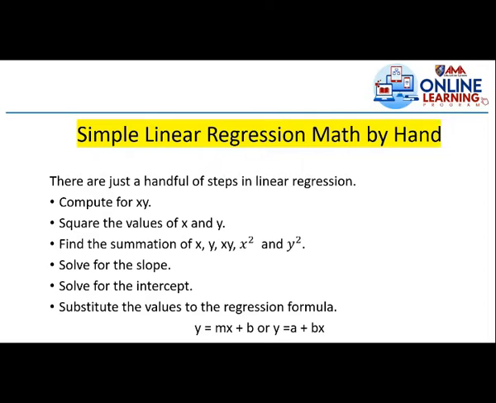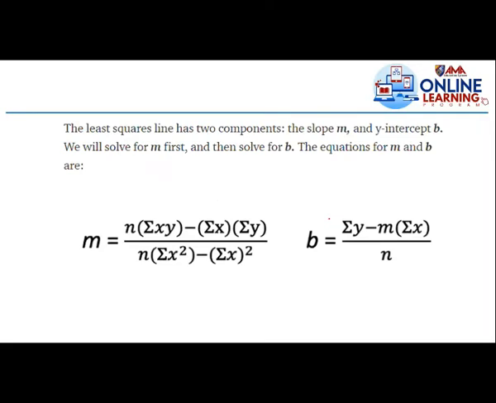If you remember, that's the standard form for a linear function, or the standard form for linear regression. Okay? Now, these are the formulas for the slope and the y-intercept.